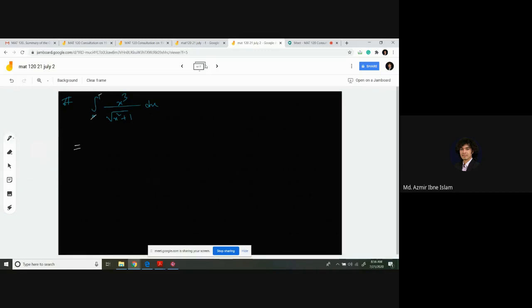forget about these limits now. Can we do this one? x cube, x squared plus 1. We can take the reciprocal of, minus of this one. Okay. Yes, sir.